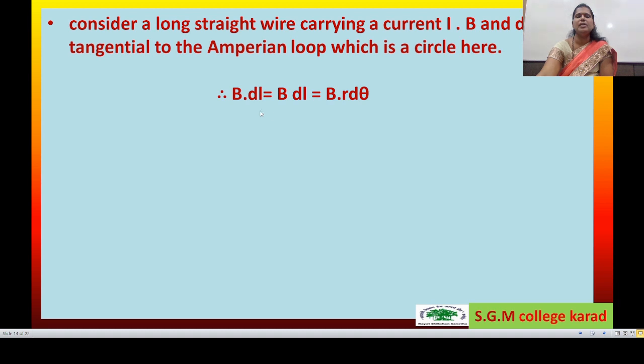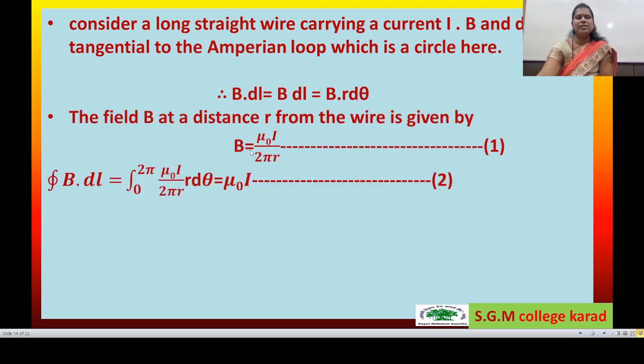B dot dl is equal to B dl, so instead of dl we can write R d theta. The field B at a distance R from the wire is given by B equal to mu 0 I upon 2 pi R.